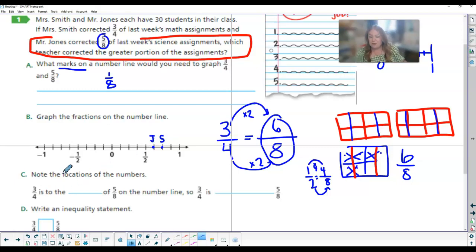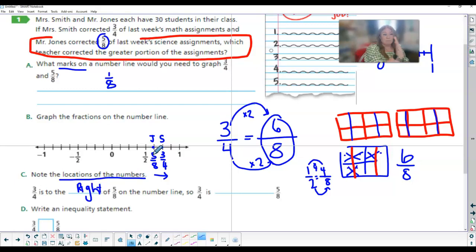So now we're going to look at the locations of these numbers. 3/4 is to the blank of 5/8. So this was 3/4. This is 5/8. And we're saying what side is it on. So here's 5/8. 3/4 is to the right of 5/8.